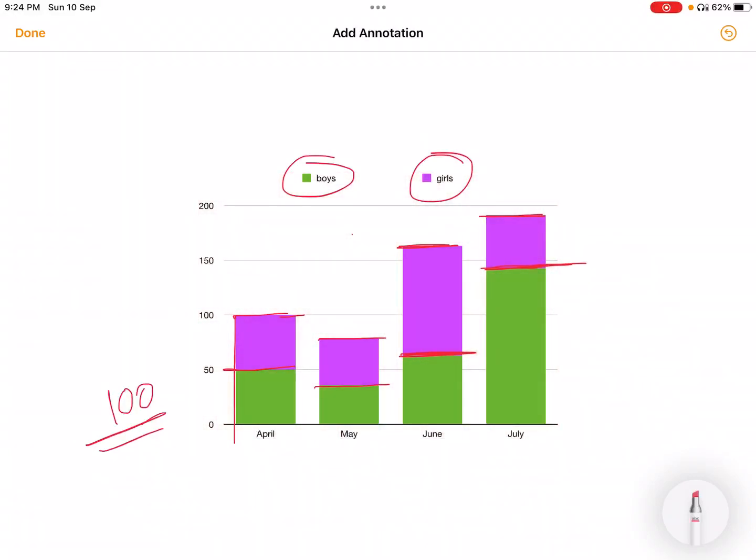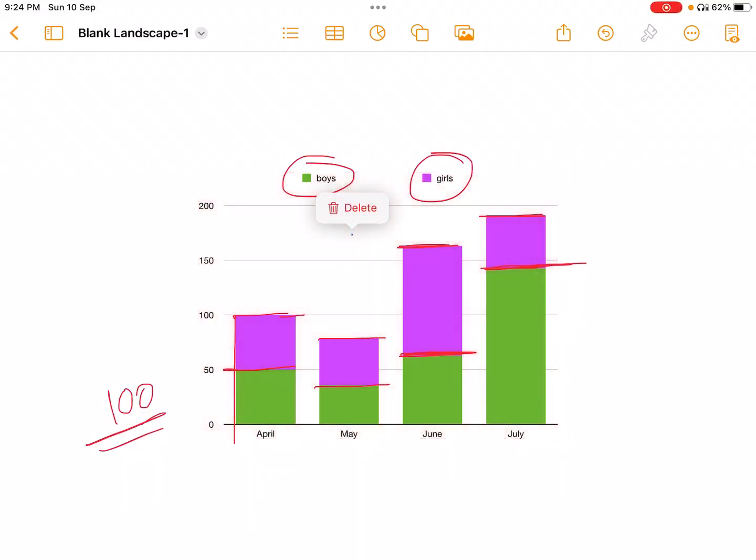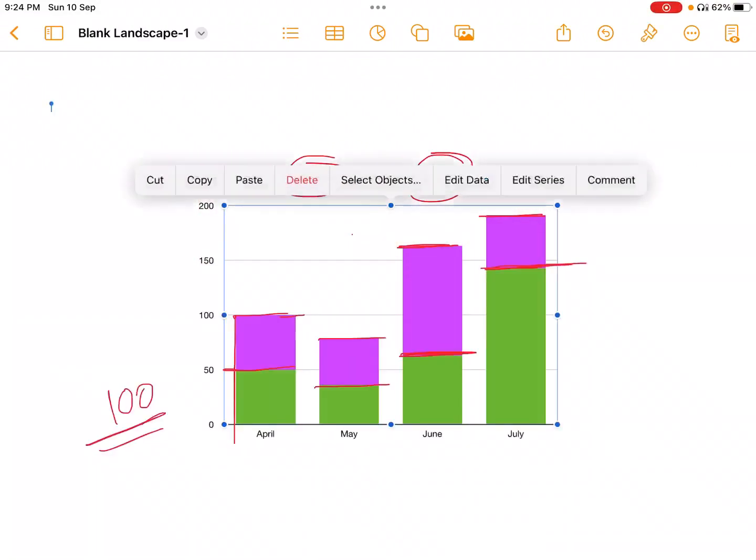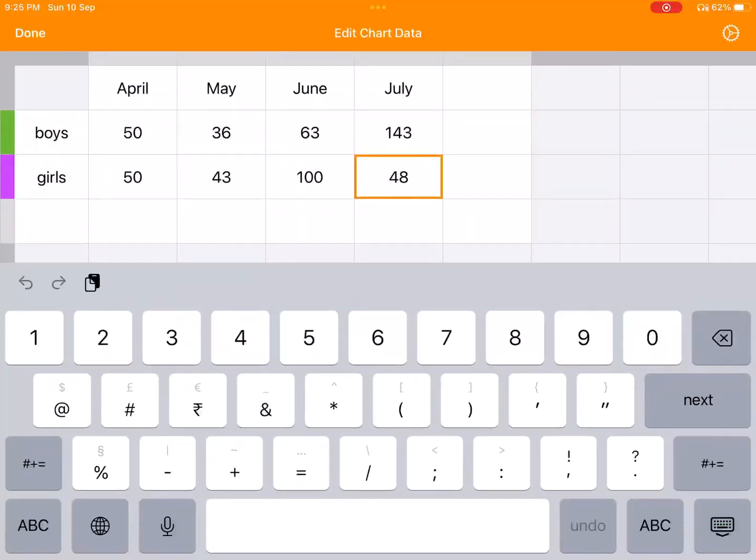Clear? So for our understanding, we will write simple data, and then we will come back to the graph. Suppose we just edit the data. Out of 200 we will write the data. Suppose here 150 boys are there, 50 girls are there.